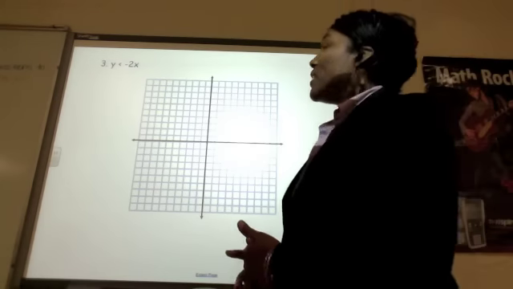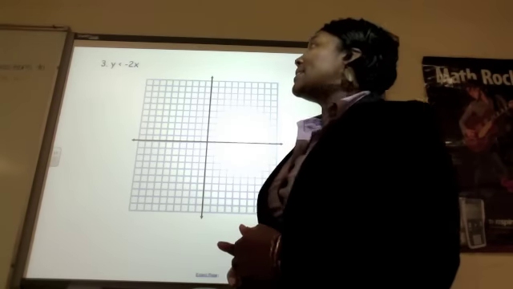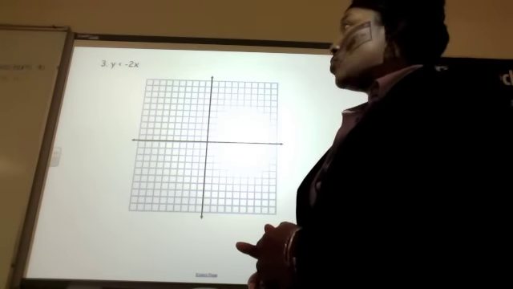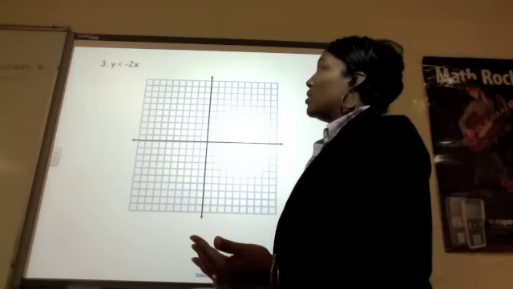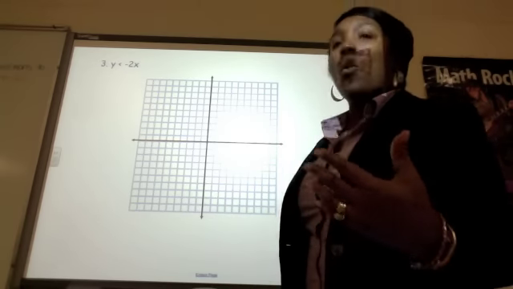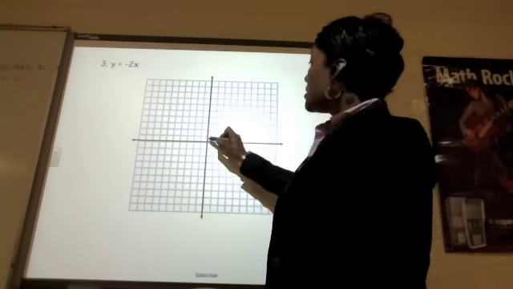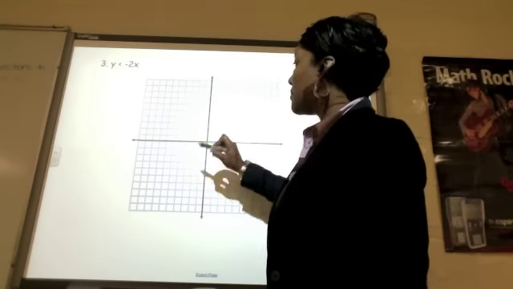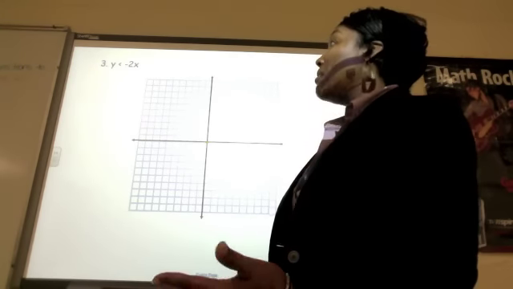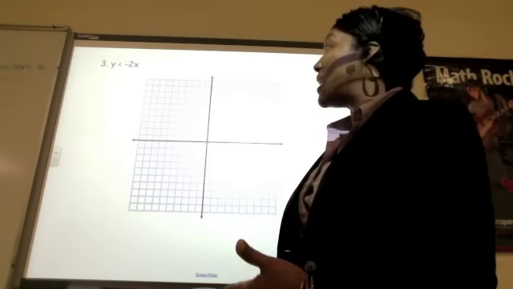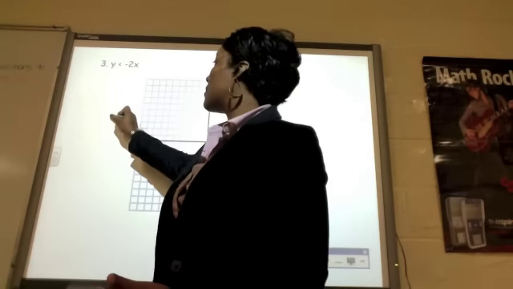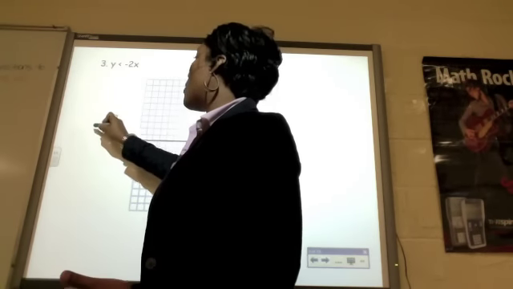This time I have y is less than negative 2x. Again, start the same way. My y-intercept is 0, so that's going to be my first point. My slope is negative 2, and I'm going to put it over 1.